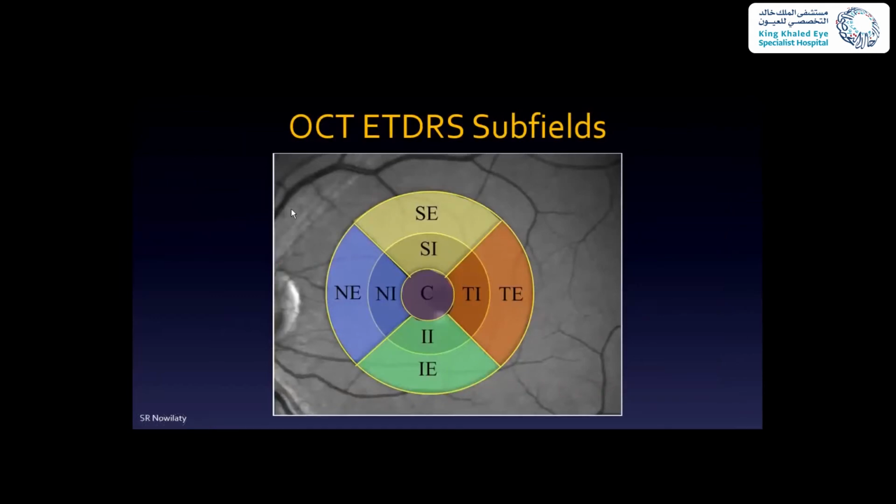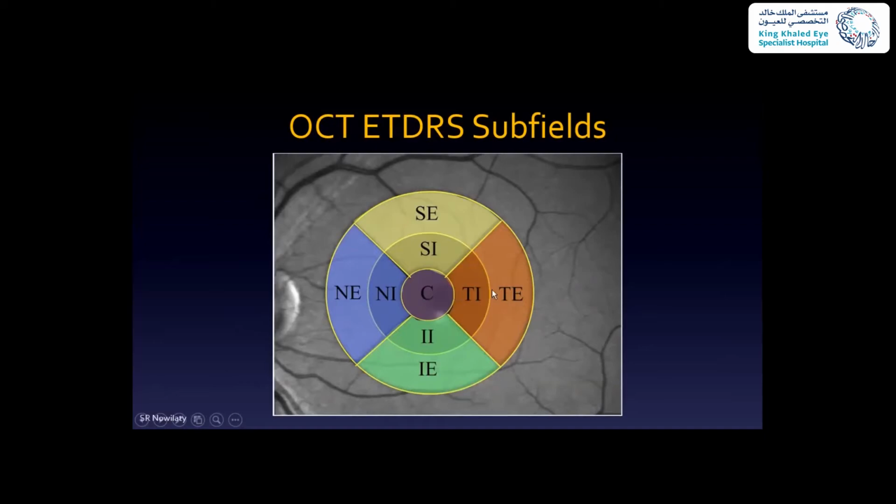Now here are the ETDRS subfields. You have the central subfield thickness, and then the inner subfields: superior, temporal, inferior, and nasal. Then you have the superior, temporal, inferior, and nasal outer subfields. This circle here has a diameter of 1 millimeter.